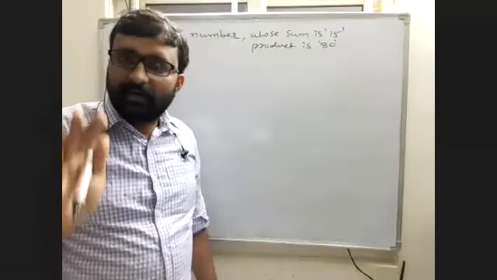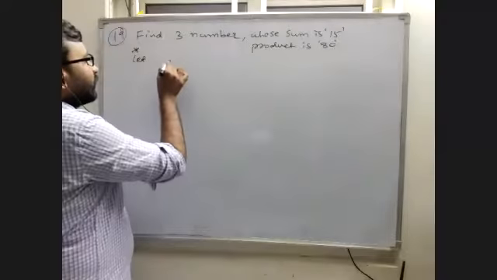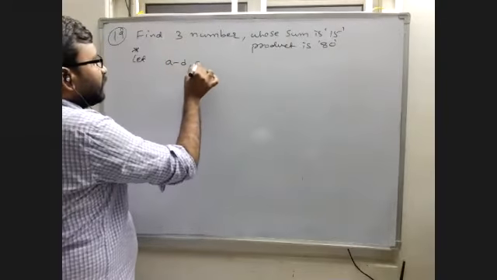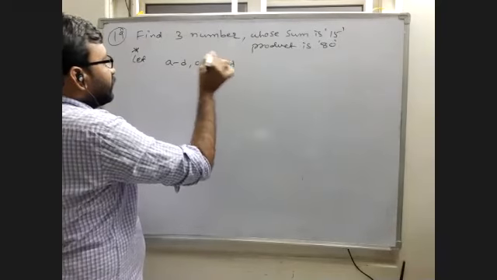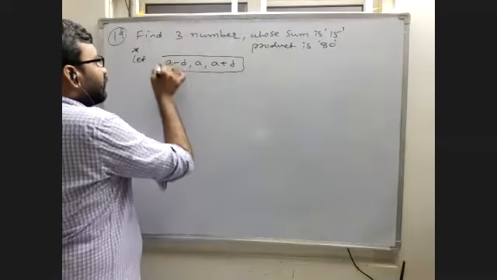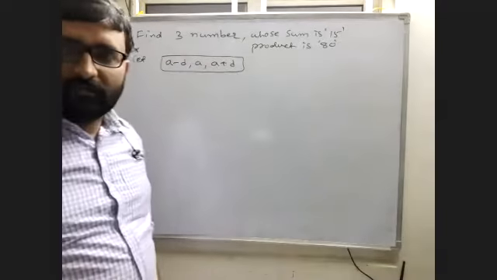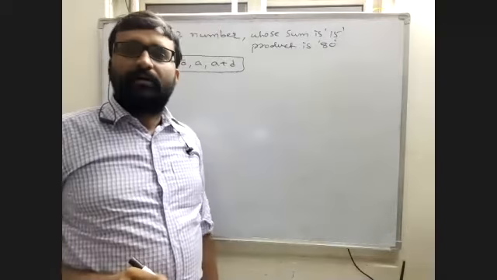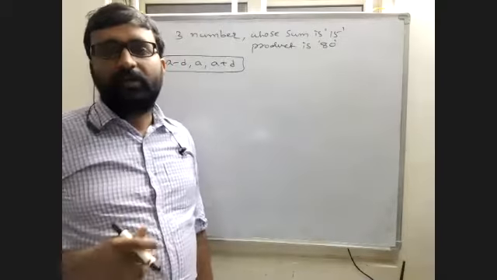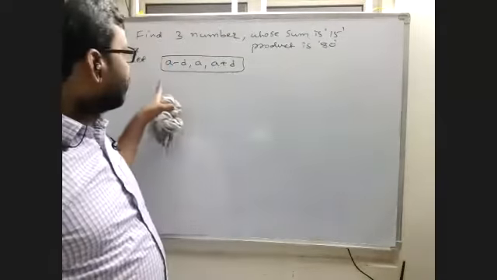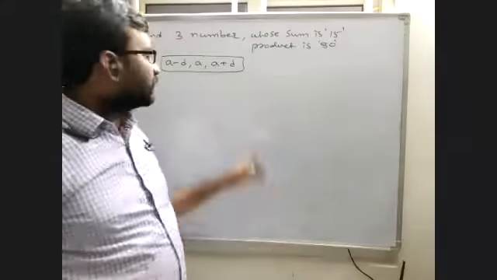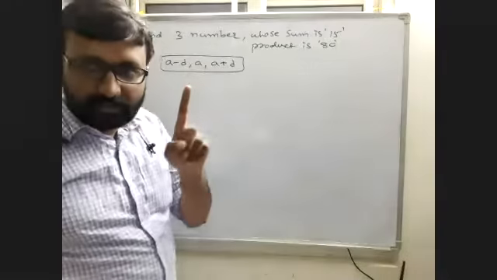We take always a minus d, a, a plus d. Remember, the three numbers we take always in general for arithmetic progression are a minus d, a, a plus d, for a with a common difference d.